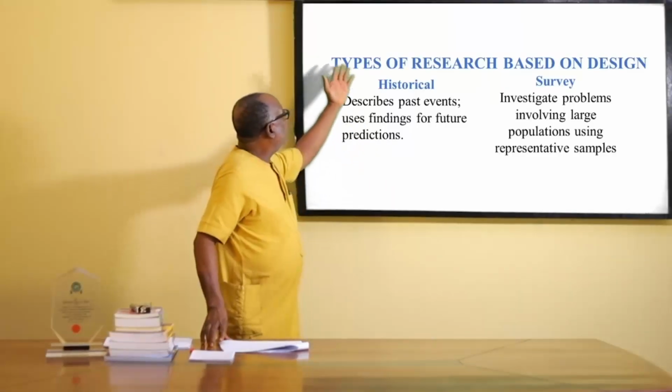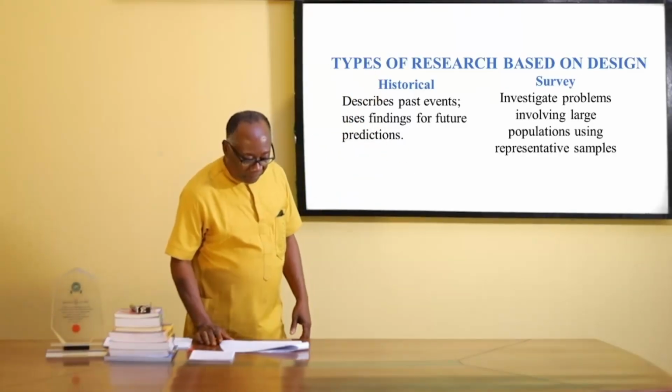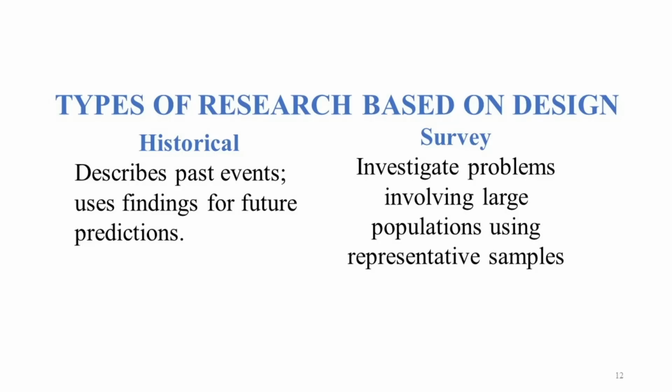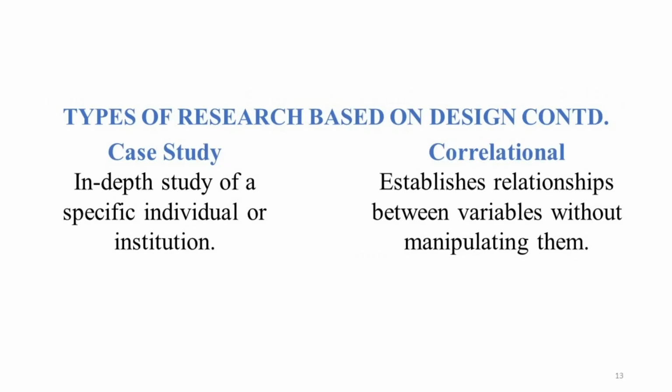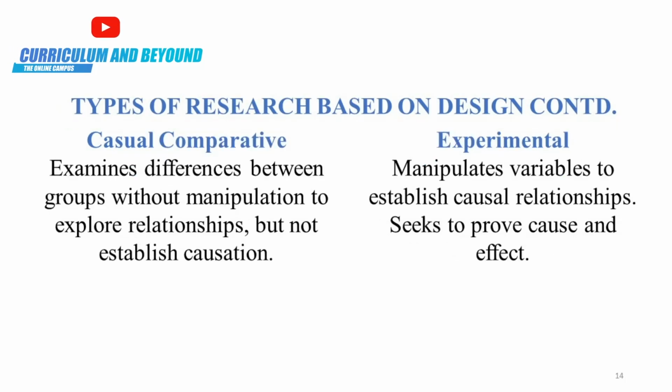One of them is historical research. The second one is survey. The third one is correlational research. The fourth one is case study research. The fifth one is causal comparative research. And the sixth one is experimental research.